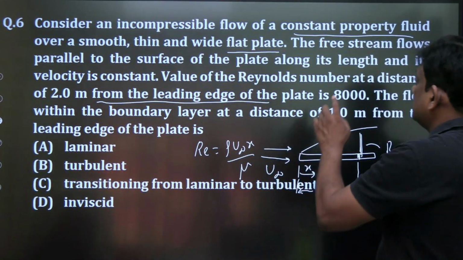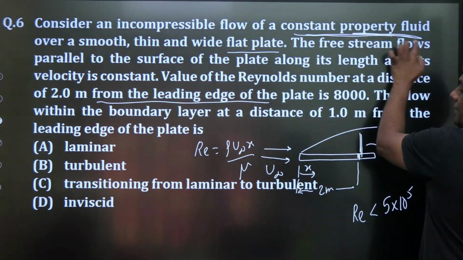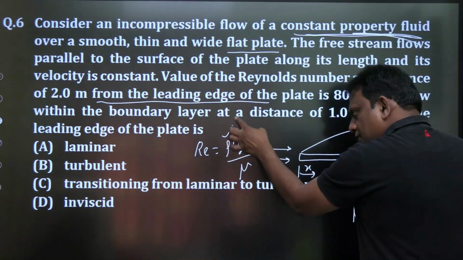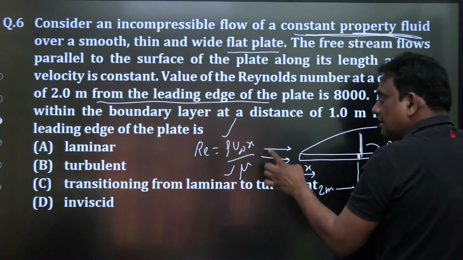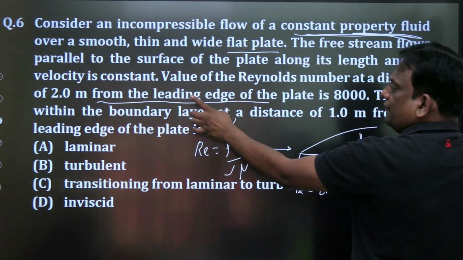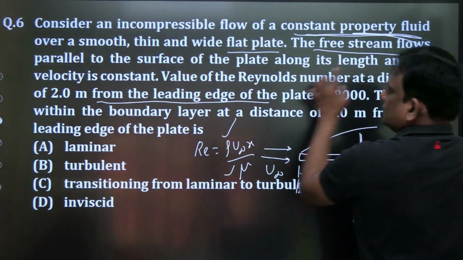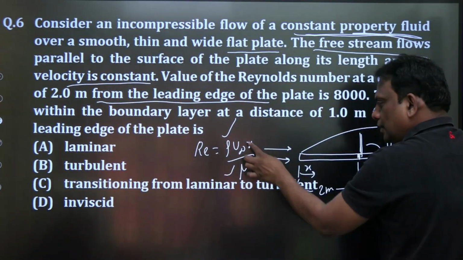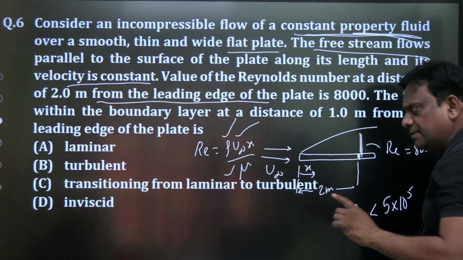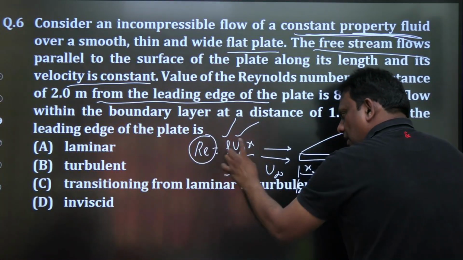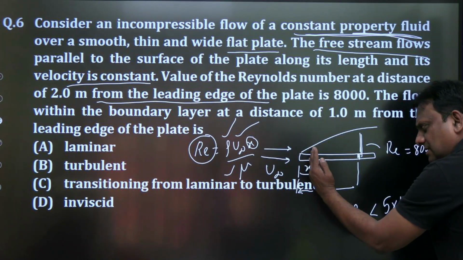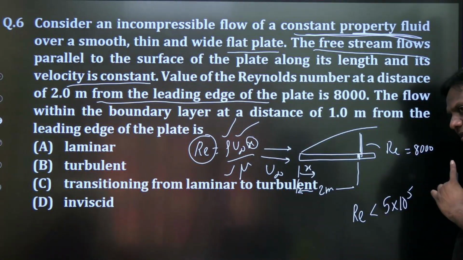He used one term, constant fluid properties, meaning density is not changing, mu is not changing. He also said constant free stream velocity, so u infinity is also constant. So my Reynolds number is purely a function of x. As x is increasing, the Reynolds number is increasing.